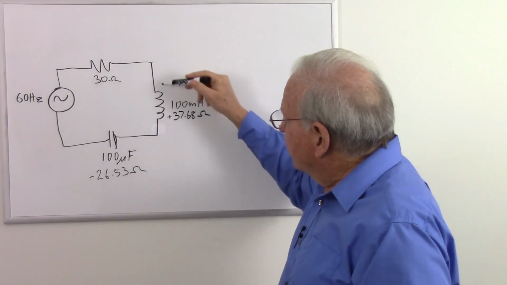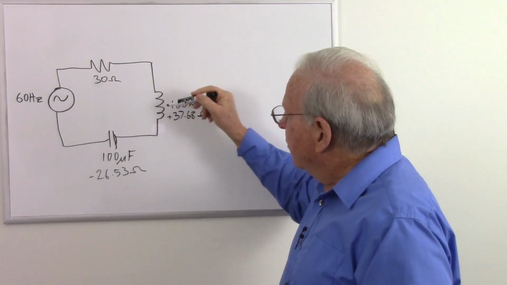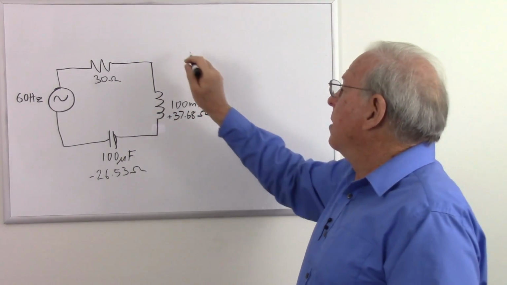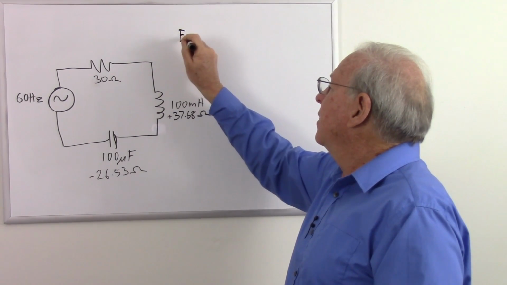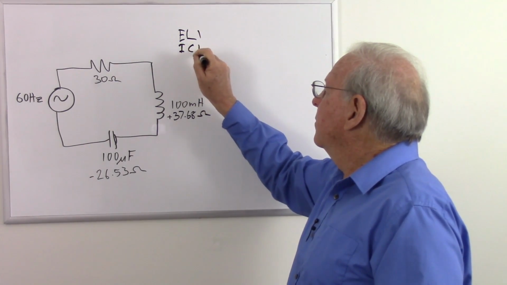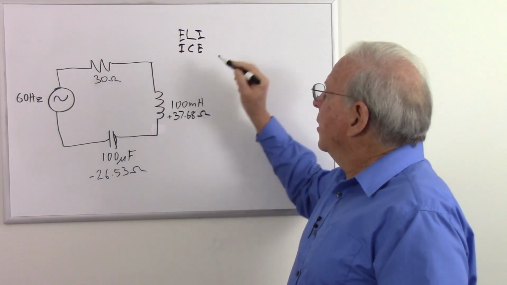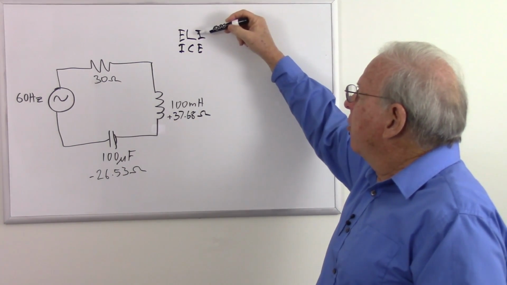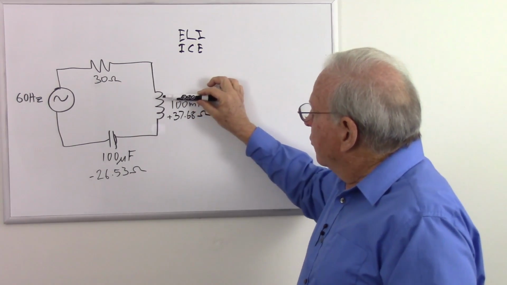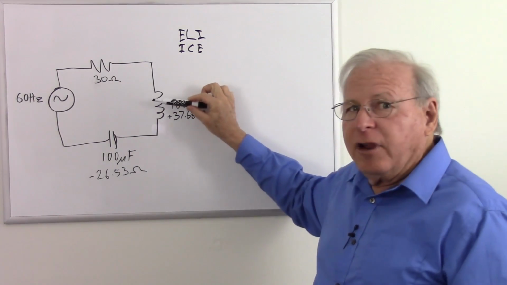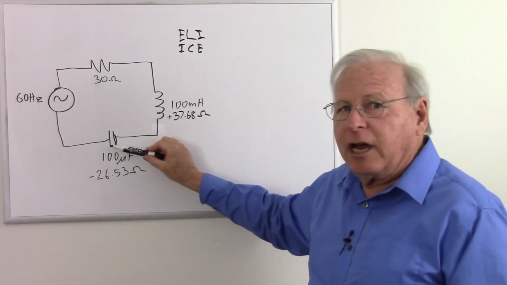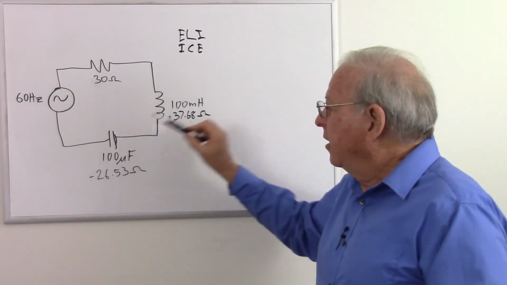But as the current increases through the inductor, our voltage is 90 degrees out of phase. Remember Eli the Iceman? So our voltage leads our current in an inductor. So the current is the same everywhere. So our voltage comes 90 degrees ahead of the current in the inductor. And in the capacitor, the voltage comes 90 degrees behind the current in the capacitor.